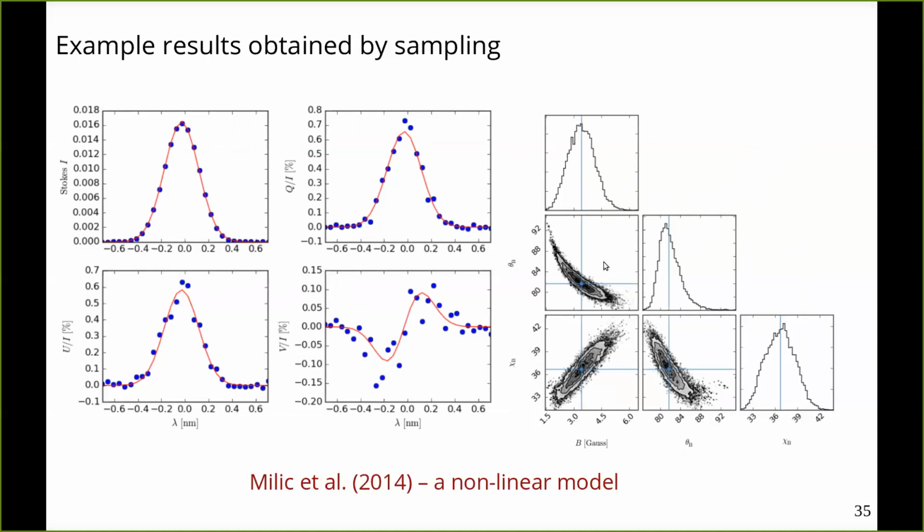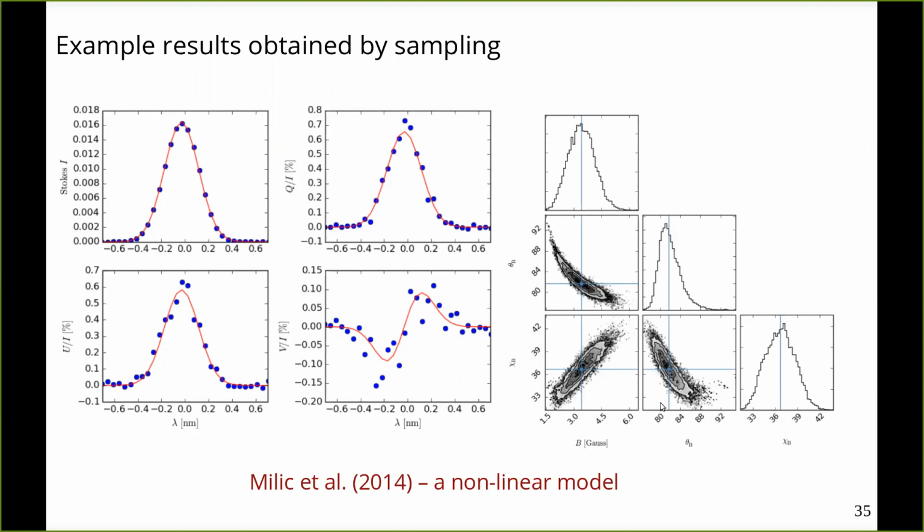They're called corner plots because they look like one corner of a big square. And the dimension of this corner is equal to the number of your parameters. So here I was interested in three parameters: magnetic field magnitude, B, magnetic field inclination, theta B, and magnetic field azimuth, chi B.